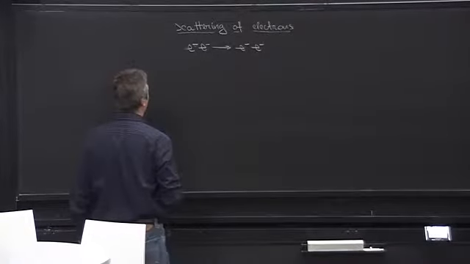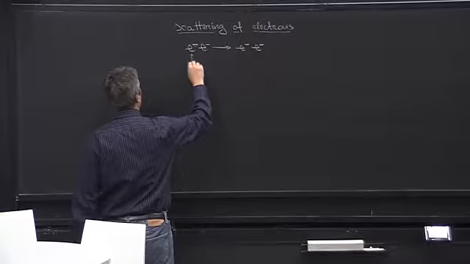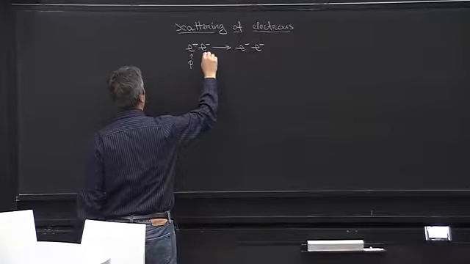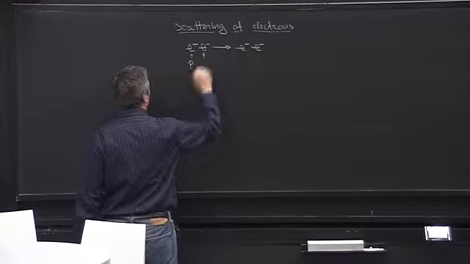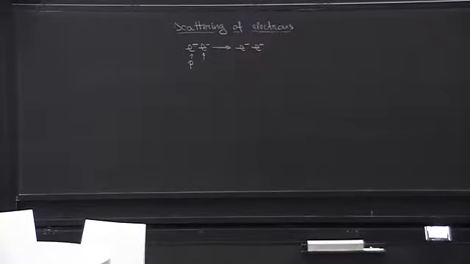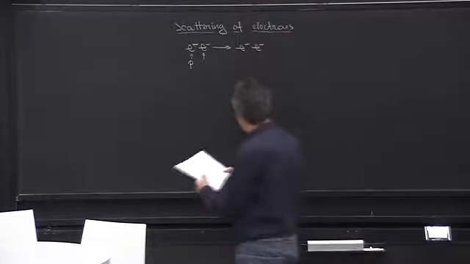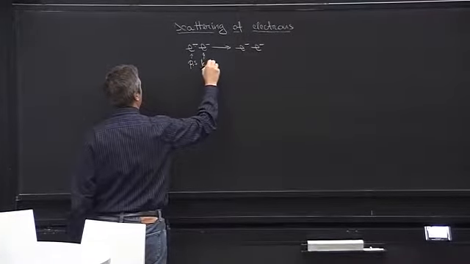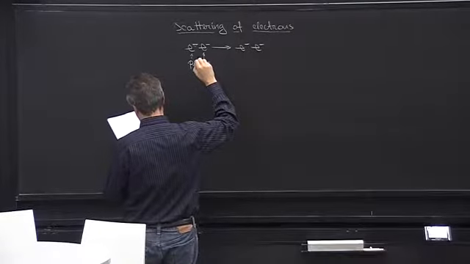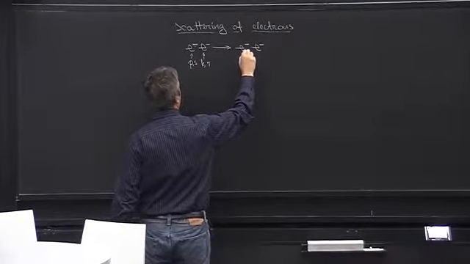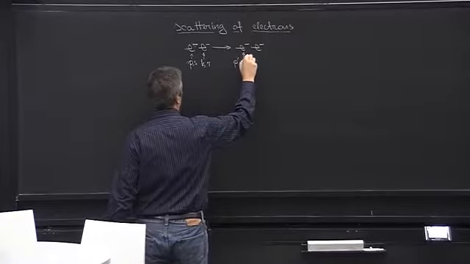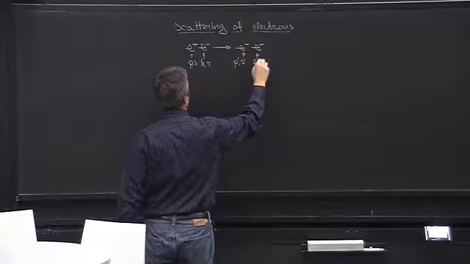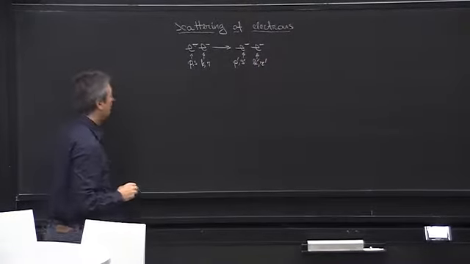We have, say, this electron has momentum P. So suppose that this has momentum P and spin S, and this has momentum K and spin R. And so in the final state, the electrons have momentum P prime, spin S prime, and momentum K prime, spin R prime.